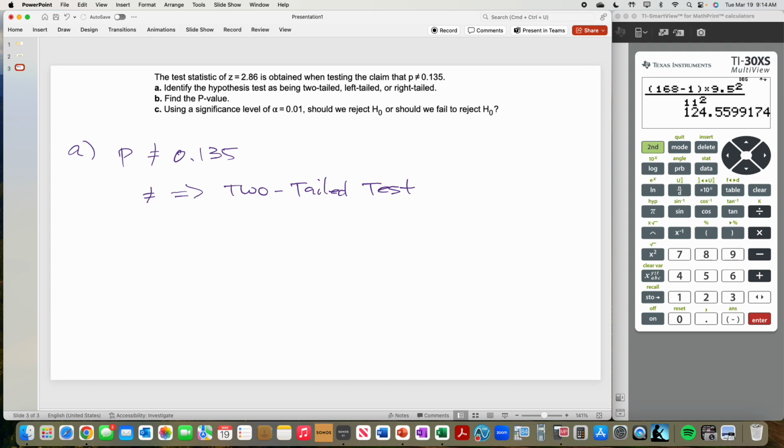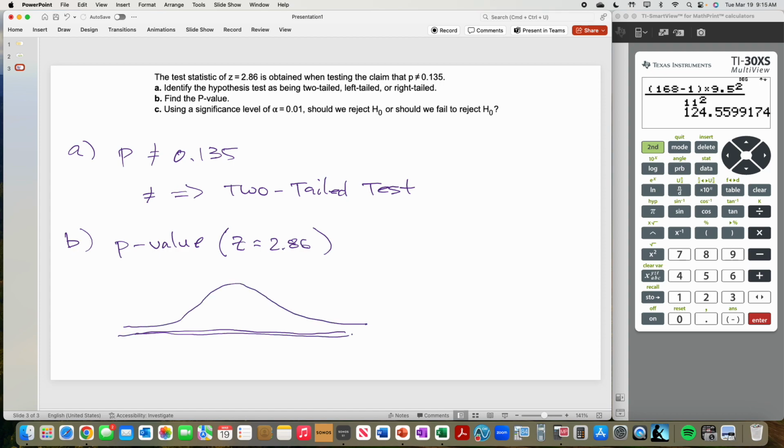Now we have to find what the p-value is. Since we're talking about a proportion, and our test statistic is z equals 2.86, the way we're going to find our p-value is, since this is a two-tailed test, if we think about a normal distribution, we have one tail at 2.86, so there's area there, and then we also have a tail down at negative 2.86, so there's area there too.